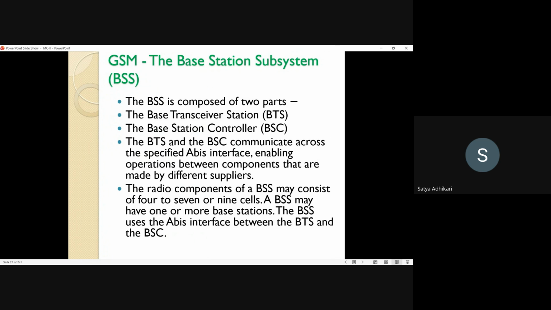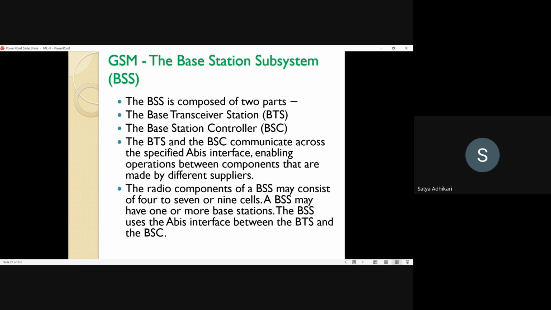The BTS and the BSC communicate across the specified A-bis interface, enabling operation between components that are made by different suppliers. The radio component of a BSS may consist of 4 to 7 or 9 cells. A BSS may have one or more base stations. The BSS uses the A-bis interface between the BTS and BSC.